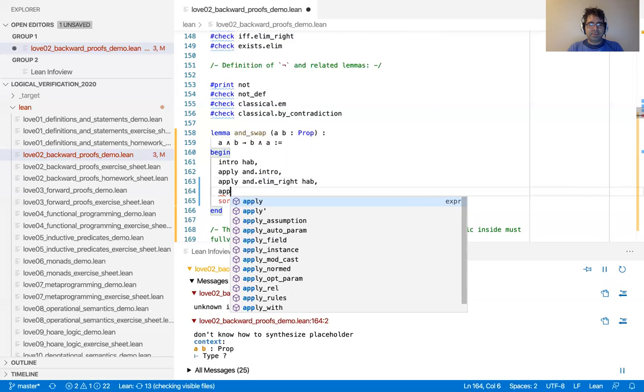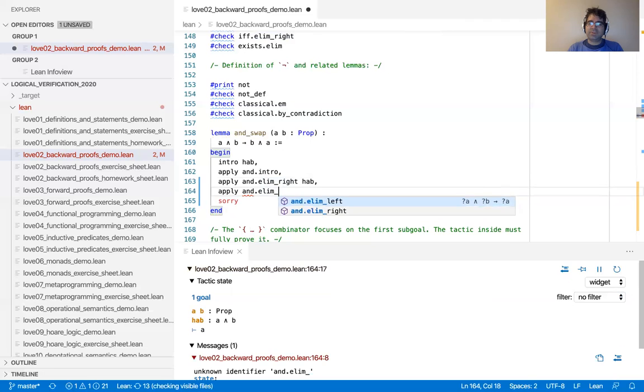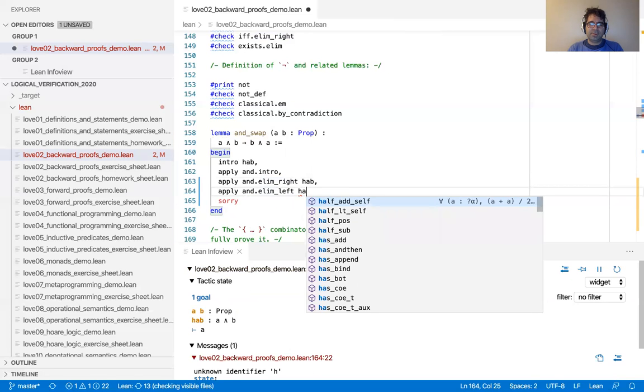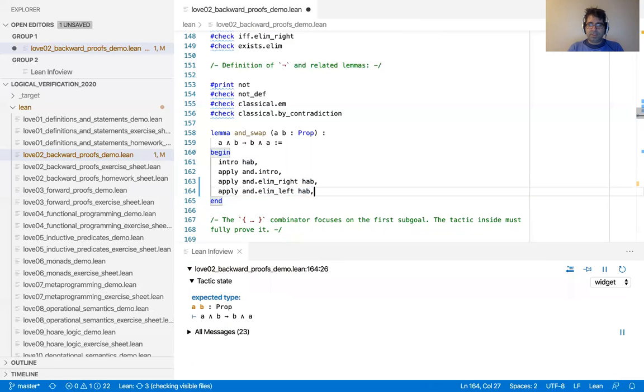And then we do the same again, apply and elim right. No, this time it's going to be elim left, HAB, because we want to extract the A, not the B. Write a comma, it's happy, goals accomplished. And at this point, I can remove the sorry, and I can remove the extra comma.